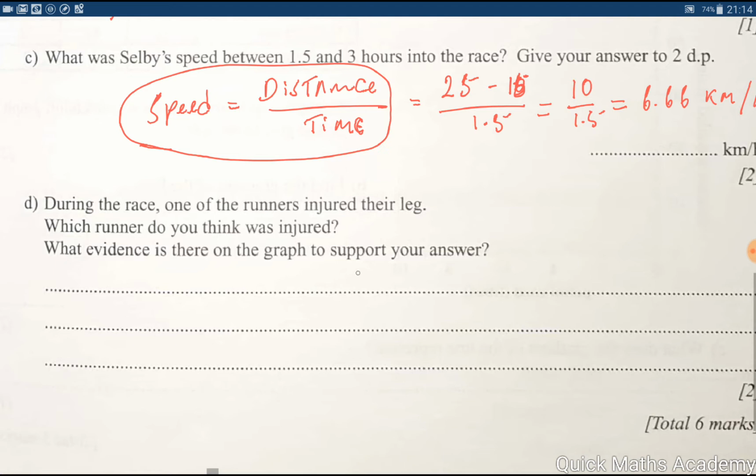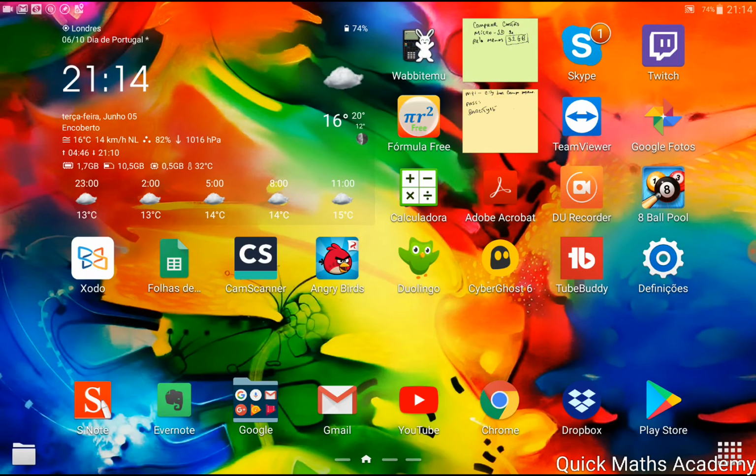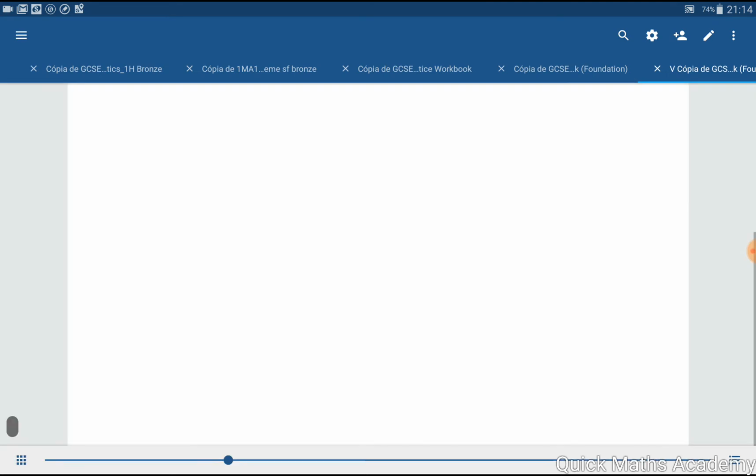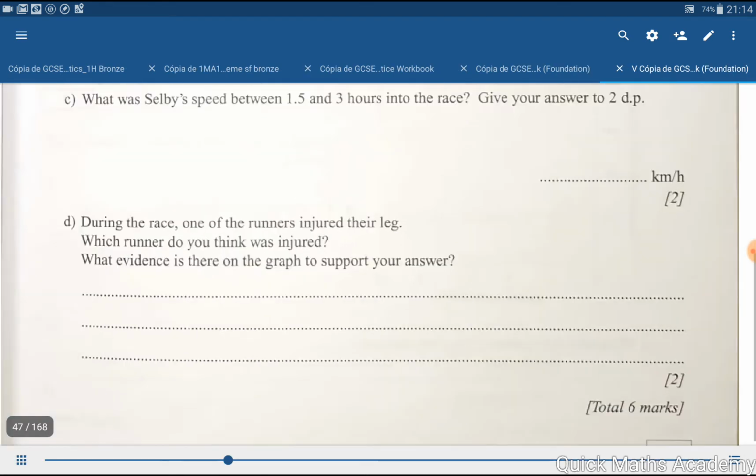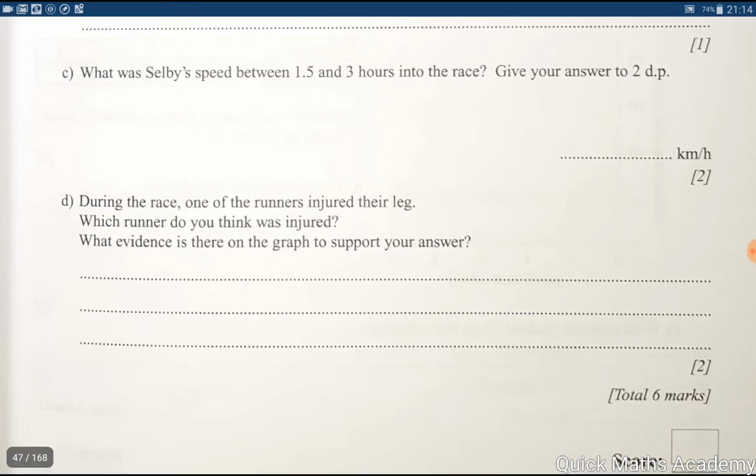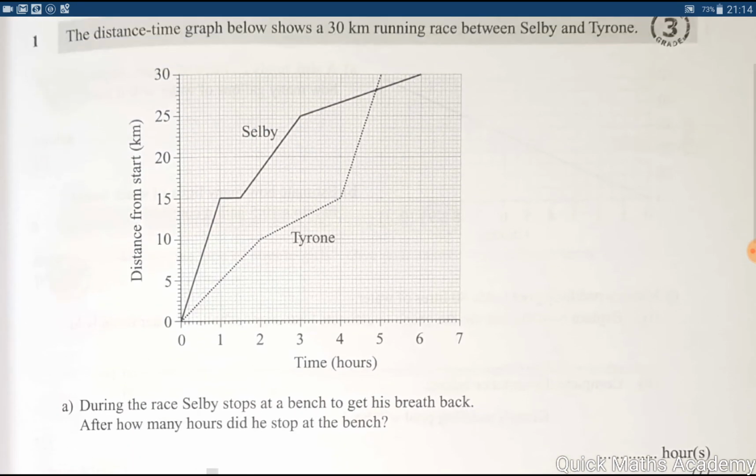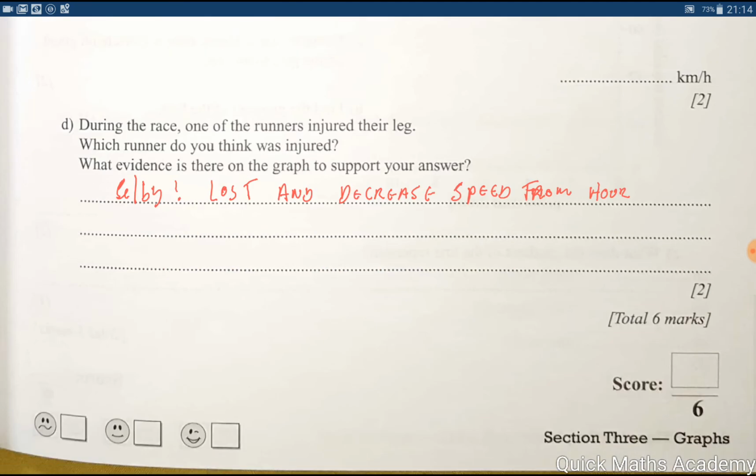I'm on number 4. So it was Selby. The evidence is that he decreased his speed from hour number 3.